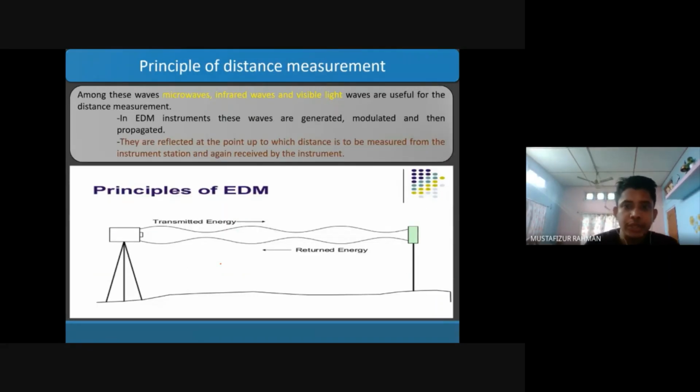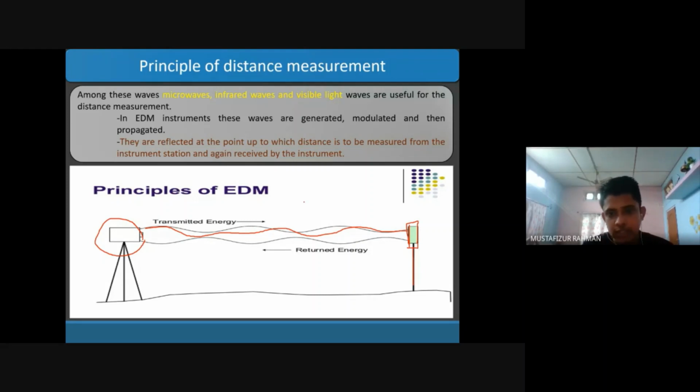Then what is the principle of electromagnetic distance measurement? We will have one instrument, just like shown here, and electromagnetic waves will be transmitted by this instrument. If we have another prism or some instrument which can receive this electromagnetic wave, then what can we do?